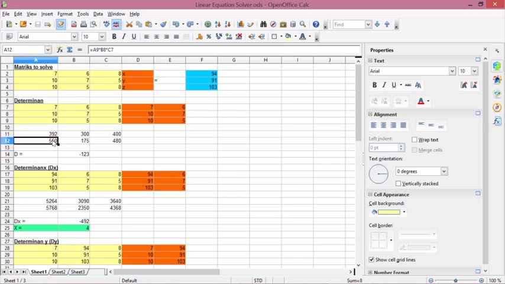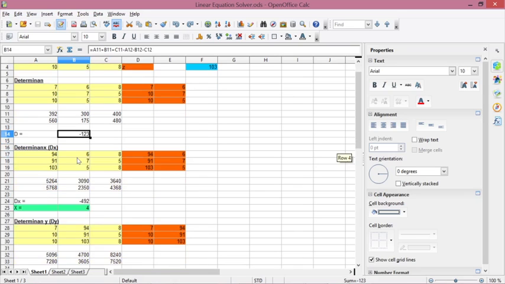Then the second diagonal from the bottom is 5 times 5 times 10 times 7 is 175, and the last diagonal from the bottom is 8 times 10 times 6 is 480. And then the d is the result from adding this together, and minus this, and minus this, and minus this, you get minus 123.